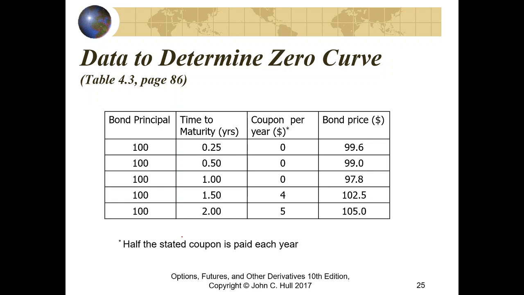So here we are going to face the issue of how can I get the zero rates for maturities longer than 1 year. So we will use a process called bootstrapping. So we will bootstrap the zero rates given some information we know about the other zero rates.